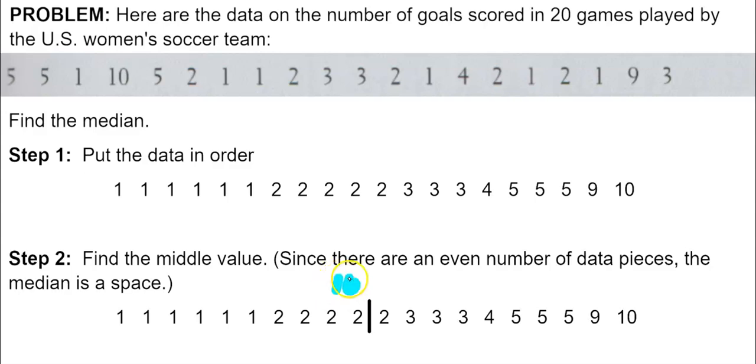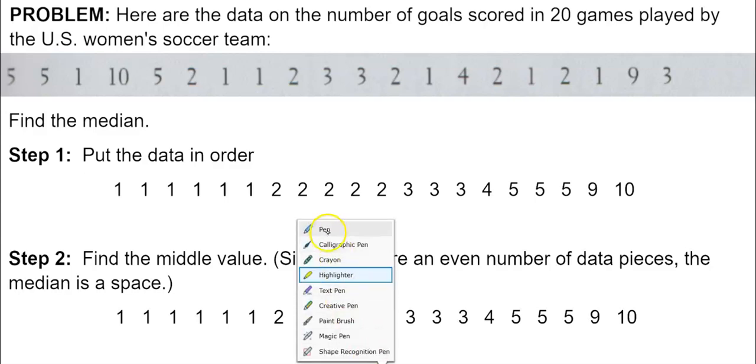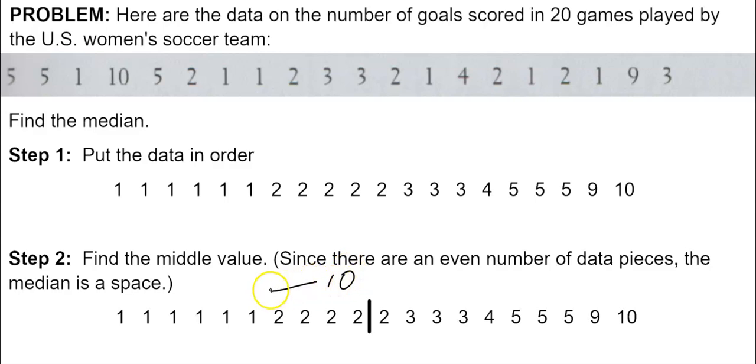So I am going to have 10 values to the left of the middle. So there are 10 values this way, and there are 10 values this way. And the median is right here. It's that space. Find the middle value.